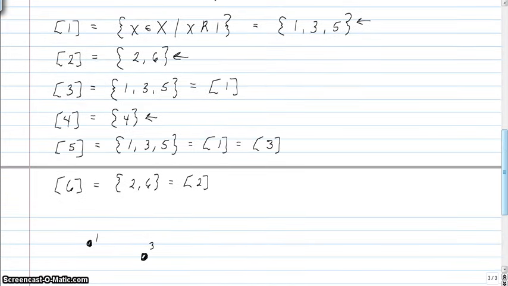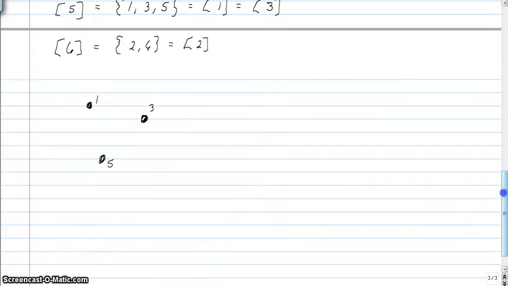Separately, I'm going to group 2 and 6, because 2 and 6 are never going to be related to 1, 3, and 5 or 4. And then 4 is kind of a loner by itself.